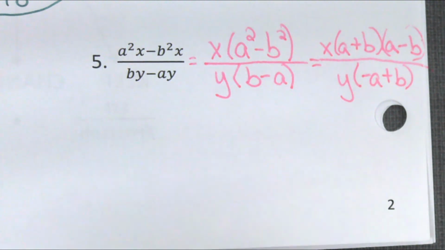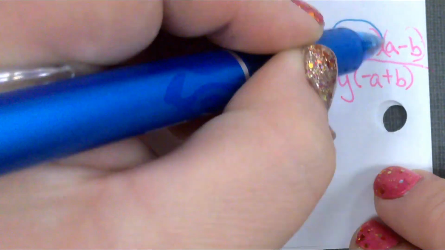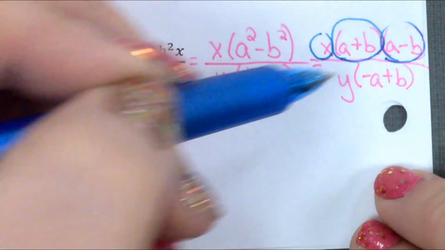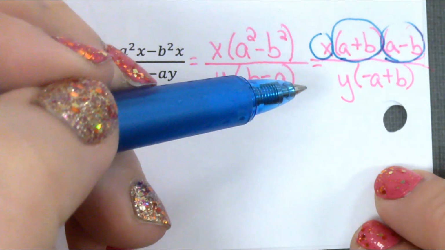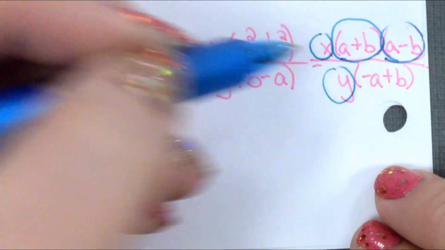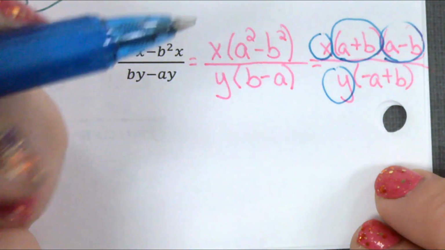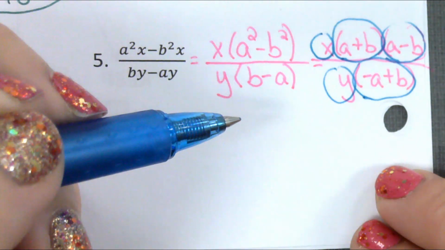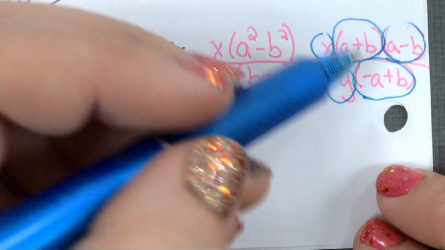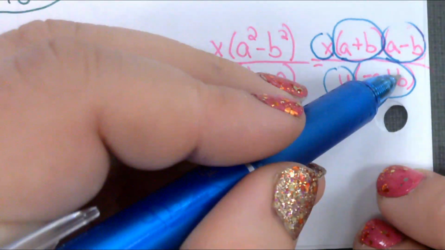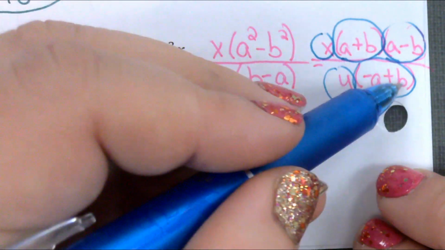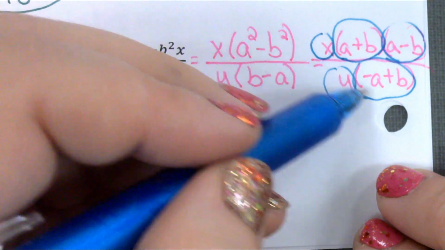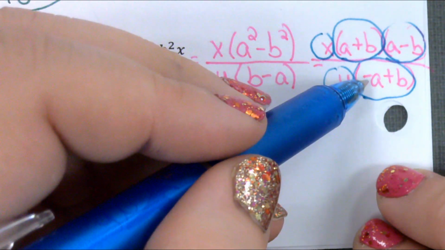X, a plus b, a minus b, y, and -a plus b. We've got some that are pretty close. I mean, that's a plus b, but I've got -a. And that's a minus b, and that's a -a. So let's try factoring out a -1 here and see if we can get some identical factors.